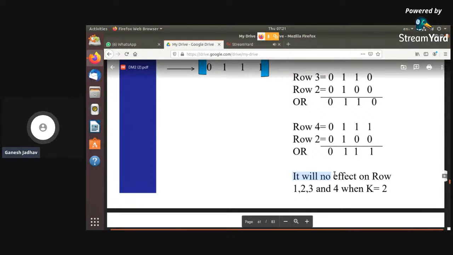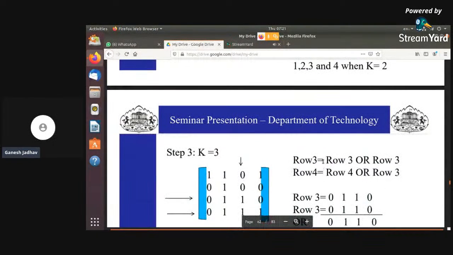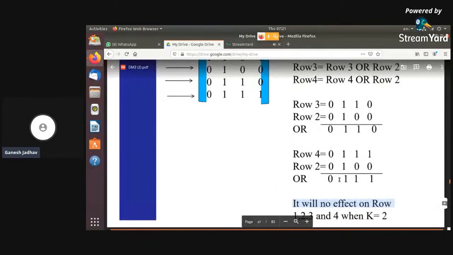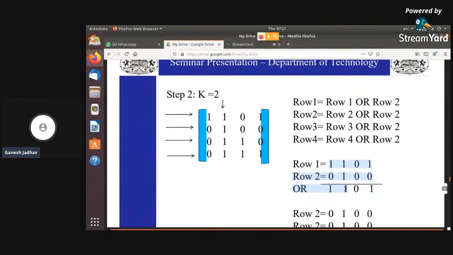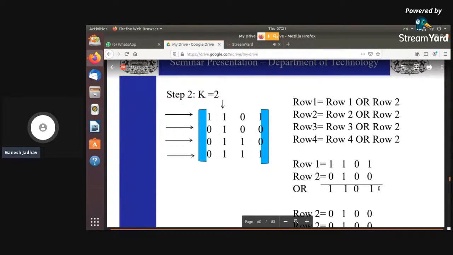So it will have no effect on rows 1, 2, 3, 4 when k is equal to 2. Why is there no effect? Because there are no changes now.